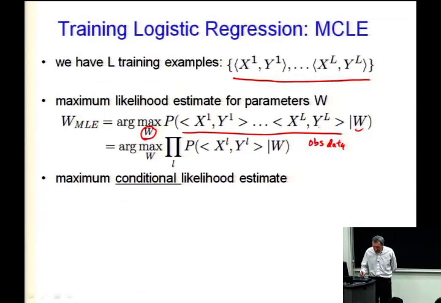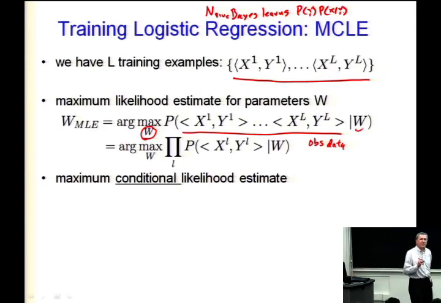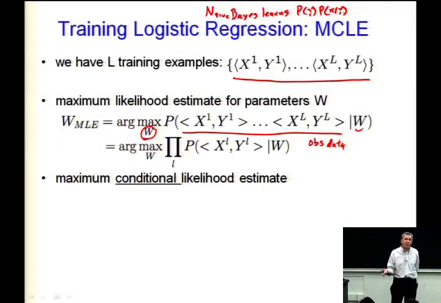So if you think about it, this is kind of a curious thing, but there's a sense in which naive Bayes learns two distributions: P of y, the prior on y, plus, of course, P of x given y. And what that really means is it's essentially learning the joint distribution on x and y.